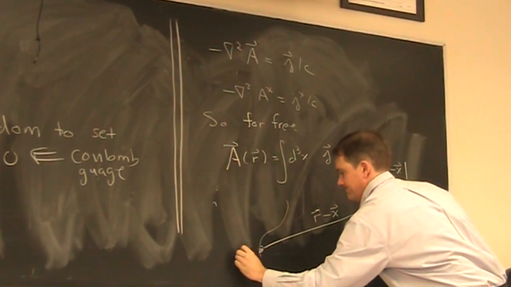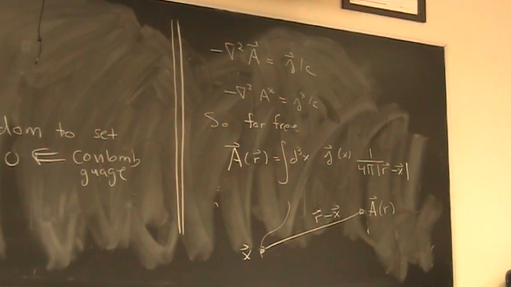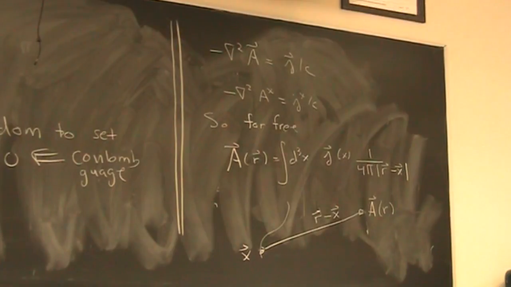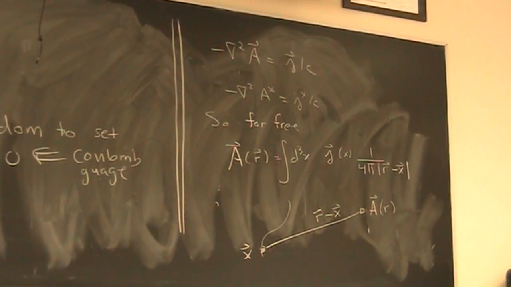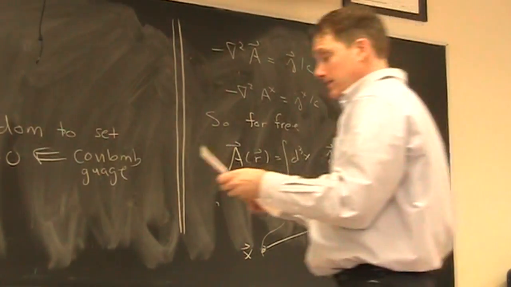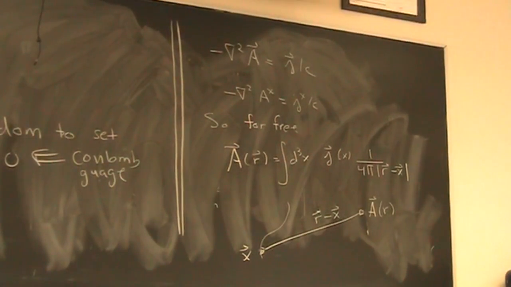Okay, good. So now we have at least solved for the vector potential as an integral. J of x is a known function, so in principle, very much like the Coulomb law, you've sort of solved for A.